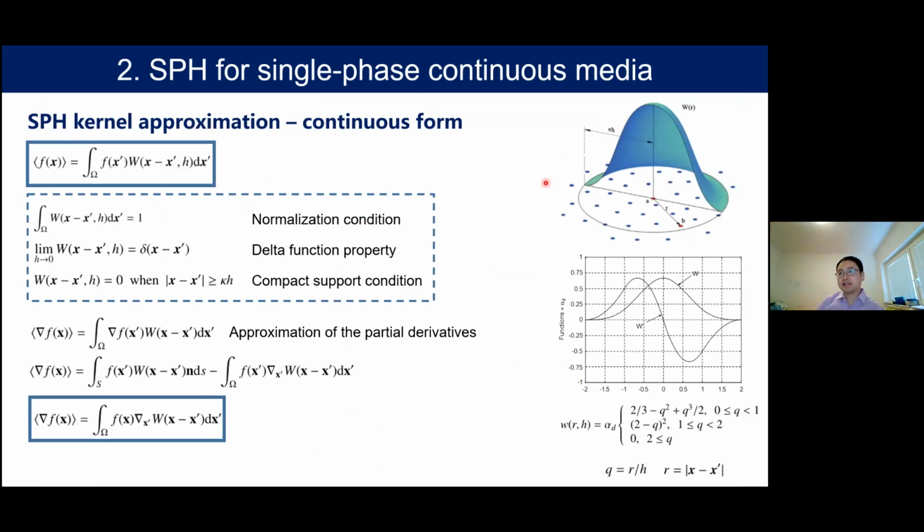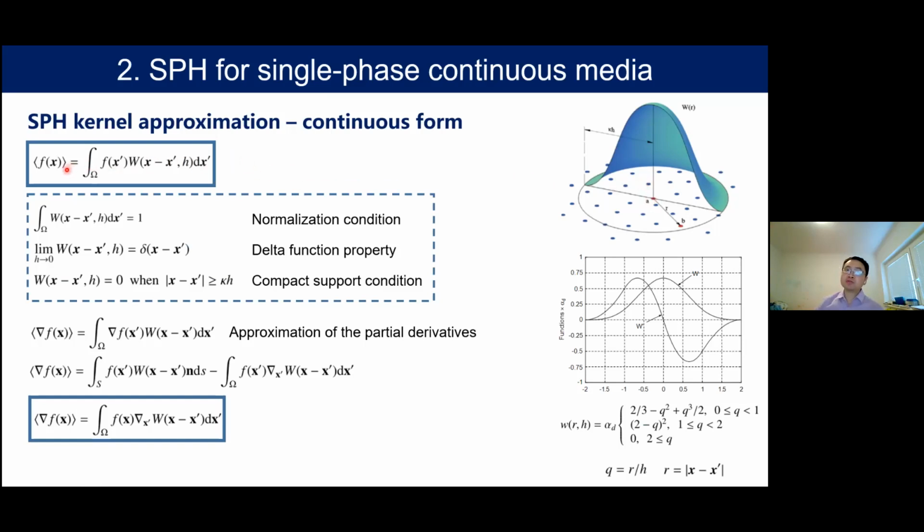Imagine that in your problem domain, you have a kernel function like this, which is bell-shaped and it decreases. It is a radial function and its value decreases if its distance from the center increases.